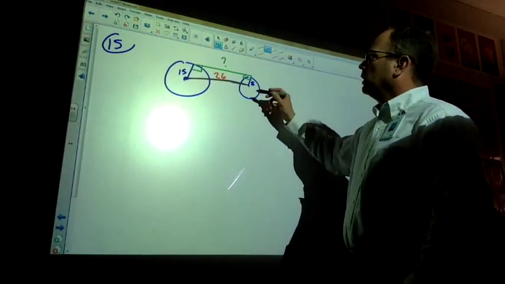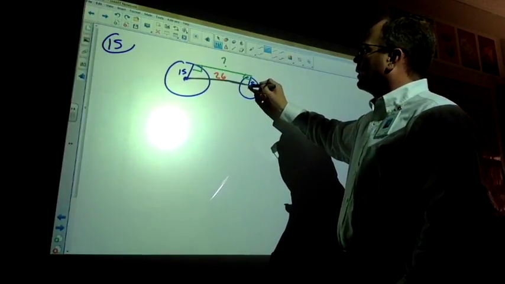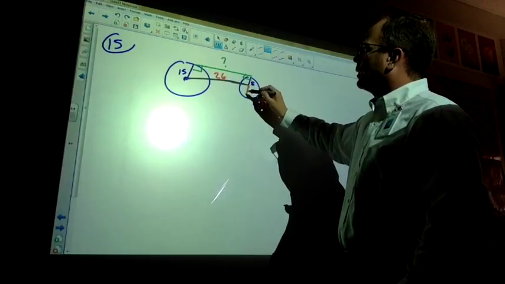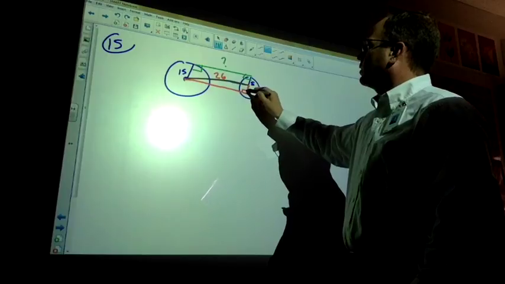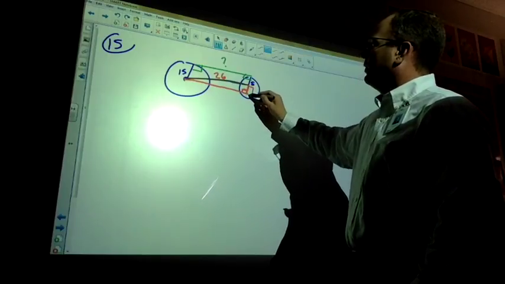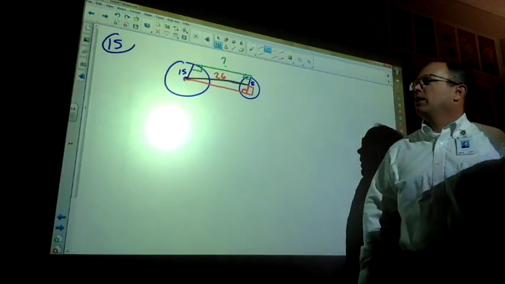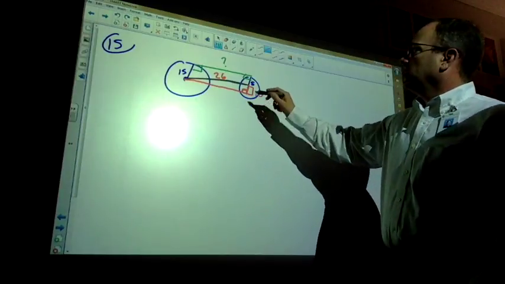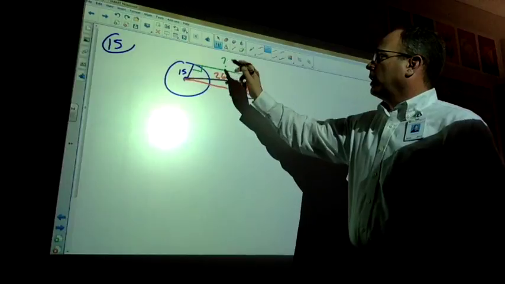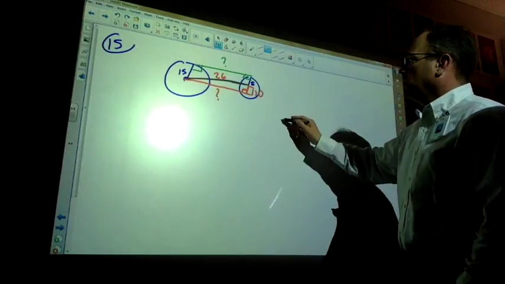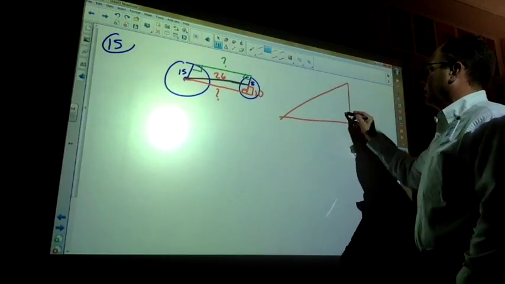Okay. There's our right triangle. How far would this distance have to be? 10. Okay? And so now, this question mark here is the same as this question mark here. So that's going to allow you to do the Pythagorean theorem.